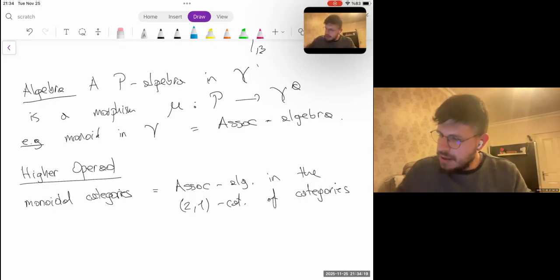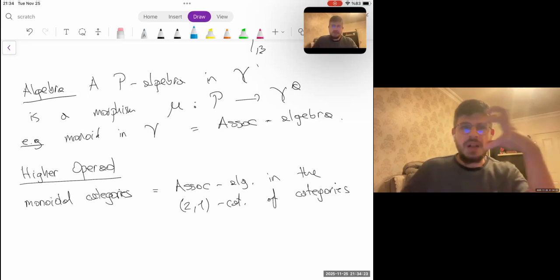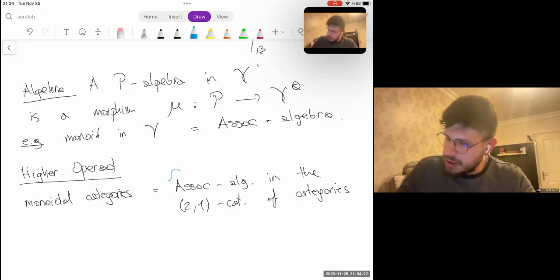The problem is, if you follow the definition I just gave of algebra, you get a strict monoidal category. And what you want is a notion of weak associative algebra.